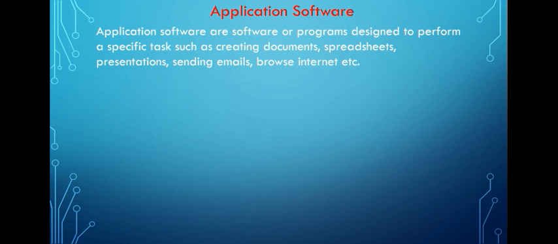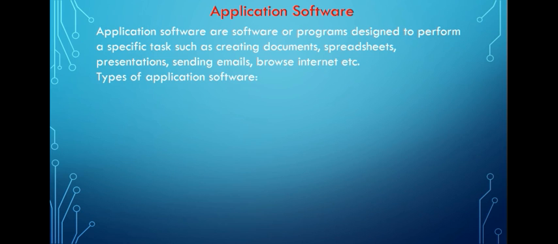Then for sending emails, we have the software Mail by Microsoft, and then we have special software for browsing the internet like Internet Explorer, Firefox, and Google Chrome. So these are softwares that do specific types of work. So you can use them to do specific tasks.